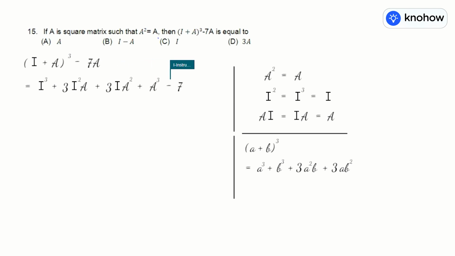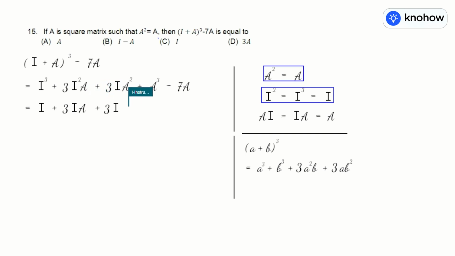So I have applied the ordinary (a plus b) whole cube, and now using the results, I cube can be replaced by I, and 3 times I square A can be replaced by 3 times A, and A square can be replaced by A only.